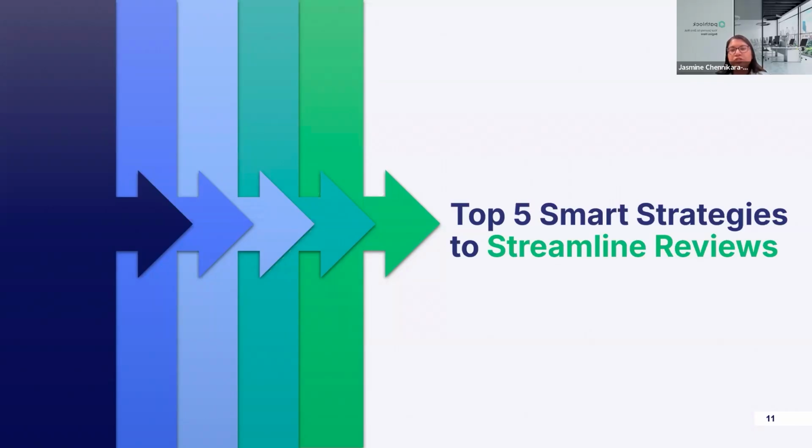So that's why it's important to move beyond just doing reviews, but focus on how we can make them better. So here we're going to take a look at some strategies that help user access reviews become more effective in strengthening the security posture, in improving compliance outcomes, and making life easier for both the reviewers and the administrators.